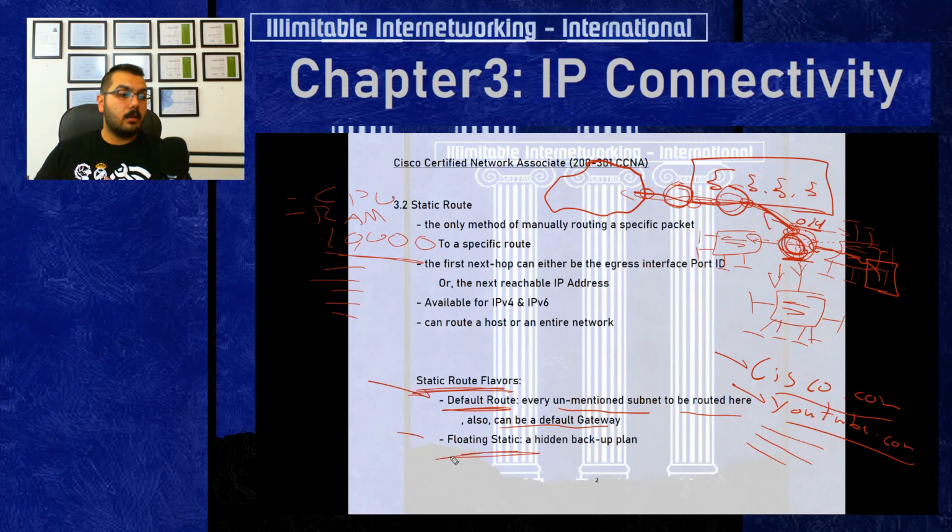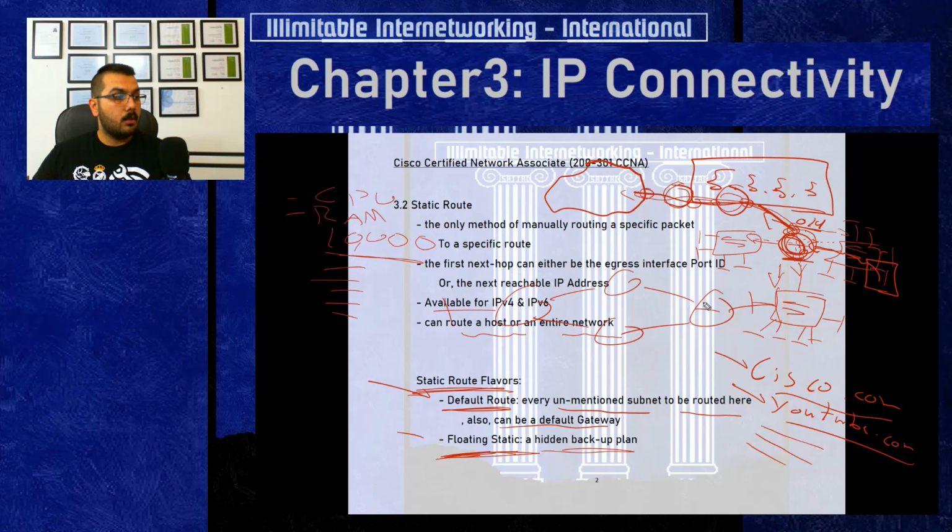And then we have the floating static route. The floating static is a hidden backup plan. I will mention a network to some destination, remember this topology that I have drawn so much in the past two videos.